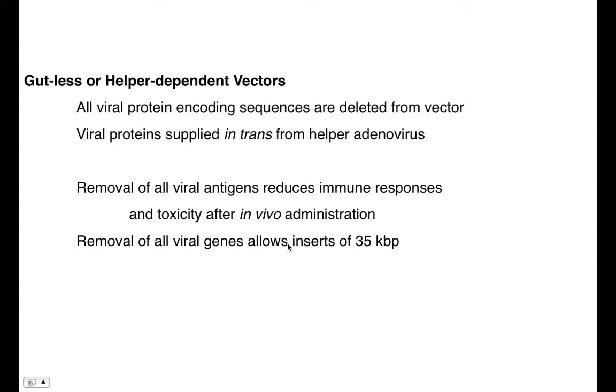Gutless or helper-dependent vectors: all viral protein coding sequences are deleted from vectors. Viral protein is supplied in trans from helper adenovirus. So this adenovirus is providing your gene therapy vector with the viral proteins it needs, but your gene therapy vector won't be able to provide any of the proteins it needs to itself.